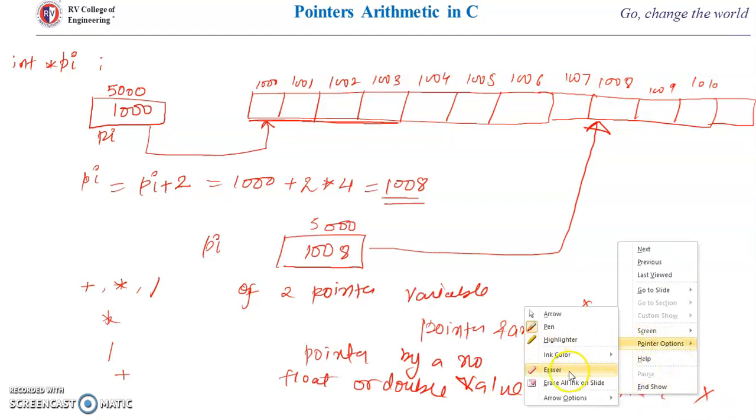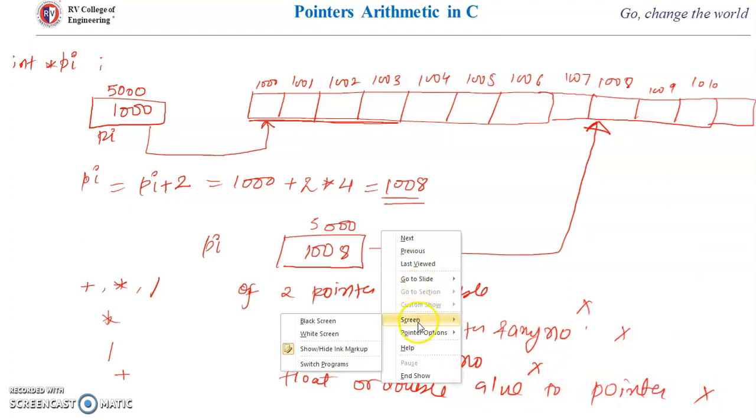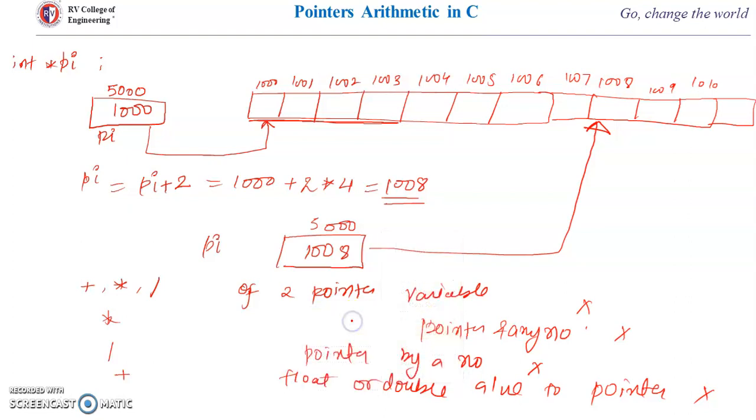So these are some of the operations that are not permitted for pointer variables: multiplication, addition and division of two pointer variables, multiplication between a pointer and any number, division of a pointer by a number, and addition of float or double value to a pointer. So these are the operations that cannot be performed on pointers.